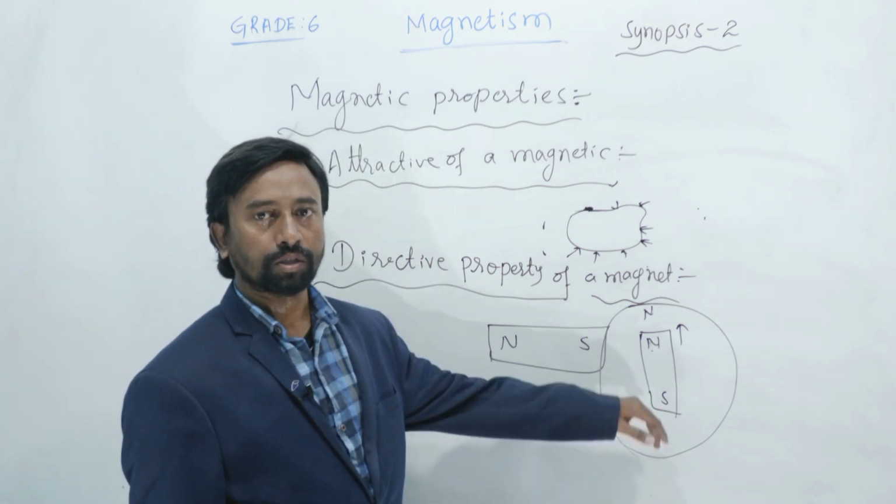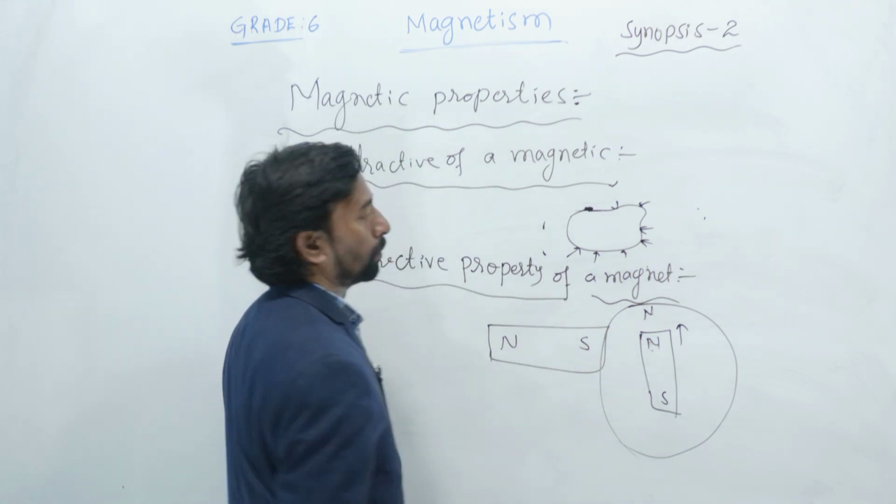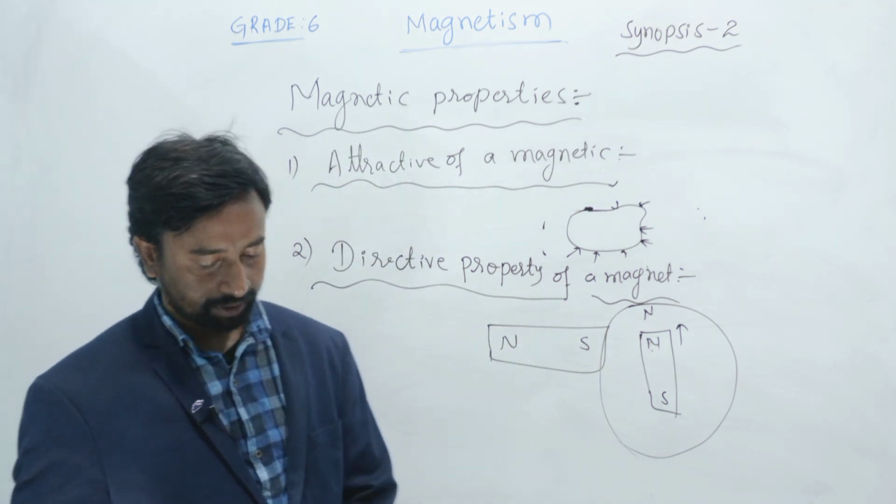This nature of the bar magnet is said to be the directive property of the magnet.